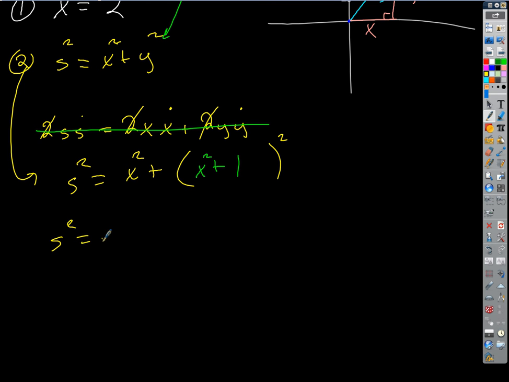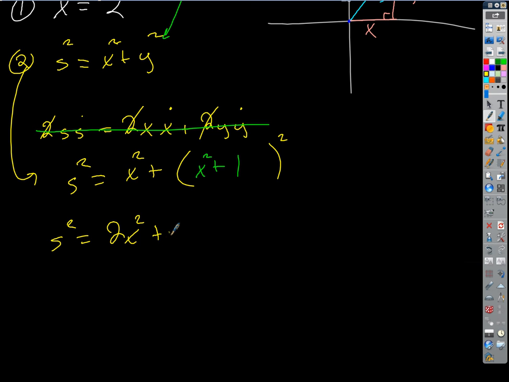S squared equals, so what is the quantity x squared plus 1 squared? It's like a plus b squared is what? a squared plus 2ab plus b squared, okay. So we're going to get an x squared plus an x squared is a 2x squared plus 2ab is, oh sorry, you're right, I messed that up, didn't I?